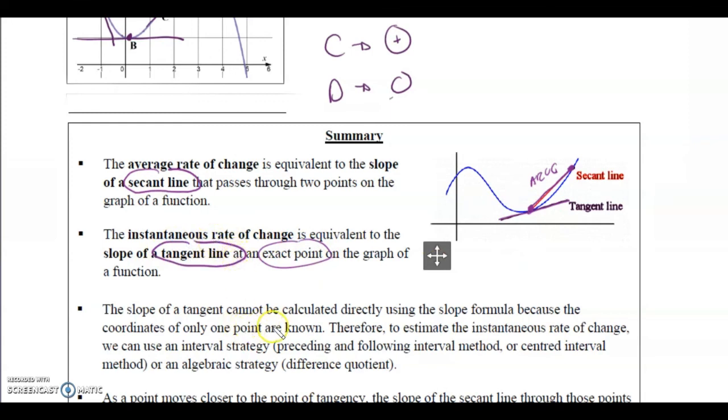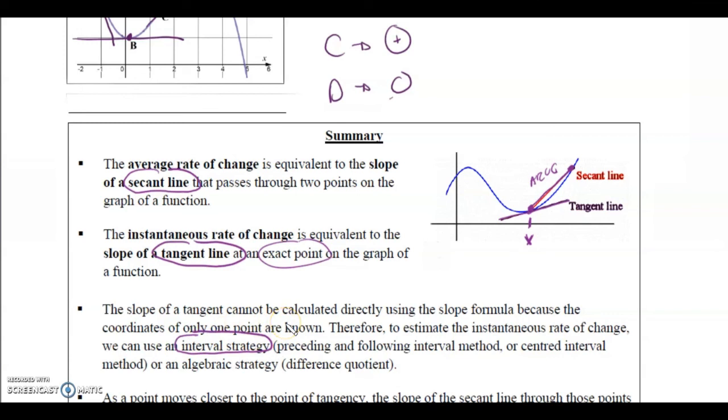The slope of a tangent cannot be calculated directly using the slope formula because the coordinates of only 1 point are known. Right? So the tangent line, we're only given this point x. Therefore, to estimate the instantaneous rate of change, we can use an interval strategy.